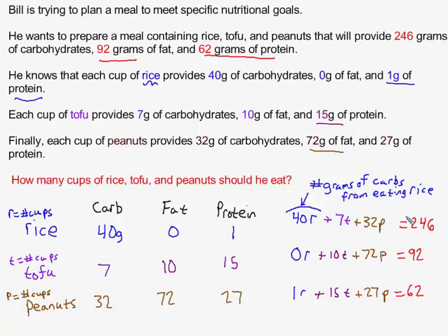Because this system can be solved many different ways, I will rely on a different video showing how to solve the system. Suffice it to say, solving this system using any of various methods will show that r comes out to be 5 cups of rice, t comes out to be 2 cups of tofu, and p comes out to be 1 cup of peanuts.